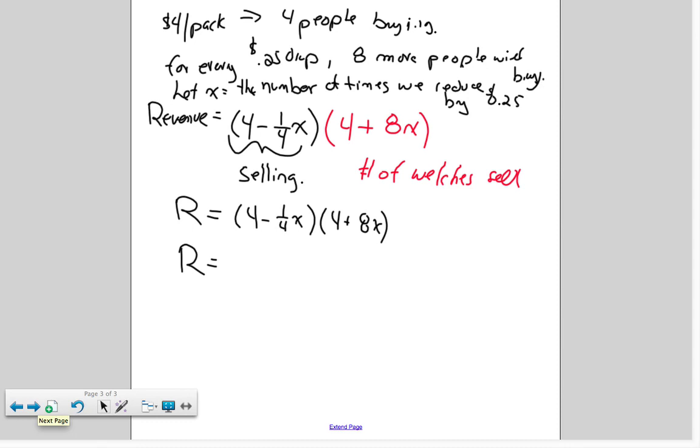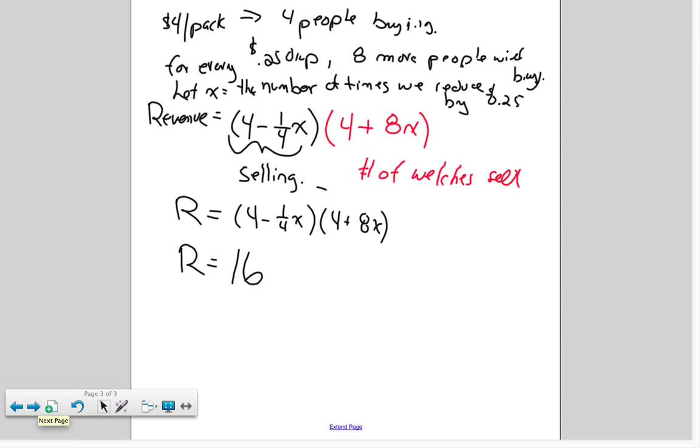A question though: if you sell for $1 each, you'll make $100. Well, let me expand this. So I get 16. Is it I'm saying the maximum is going to be at 0?